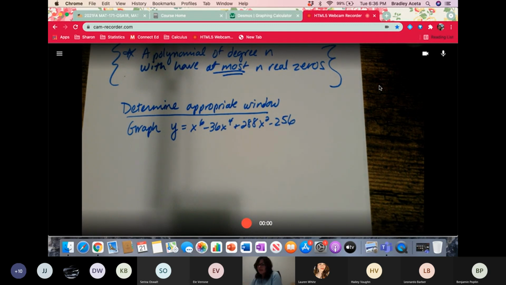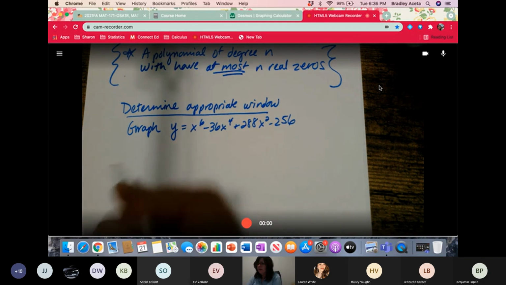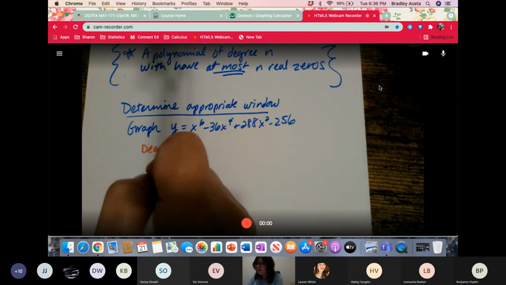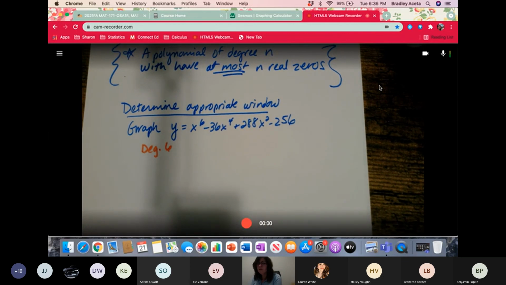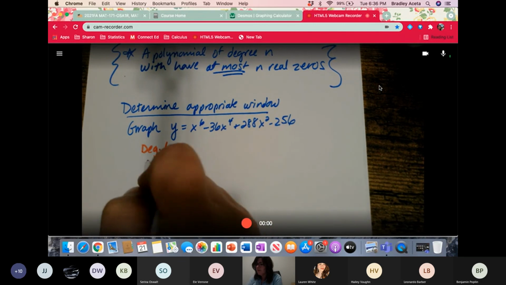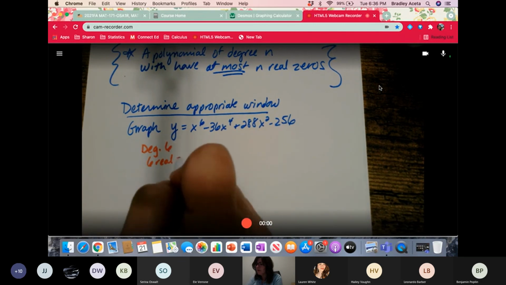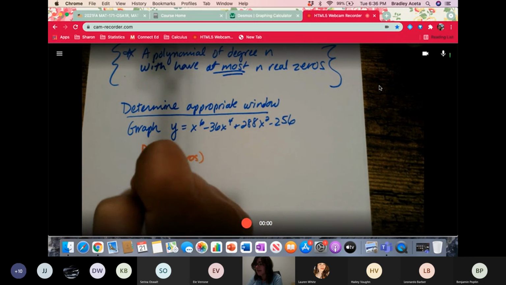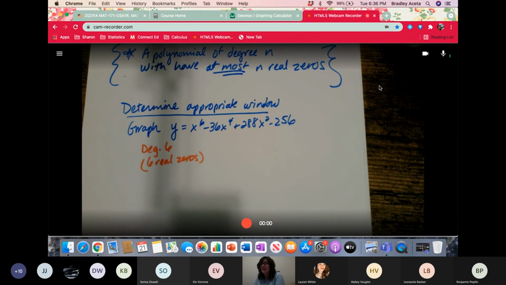Okay, so here's where my eye goes to right away. This is a degree 6 polynomial, okay? Degree 6 means the most amount of real zeros it could have would be 6 real zeros. That means it could intersect the x-axis up to 6 times. That's the most.